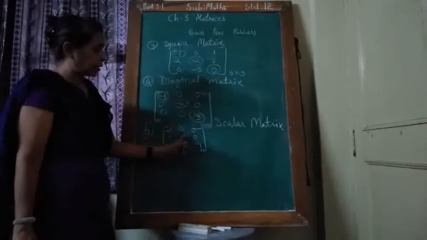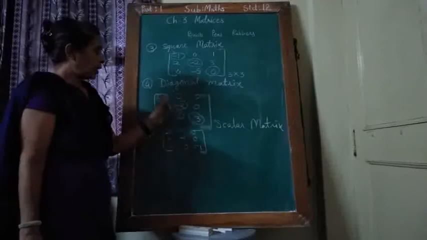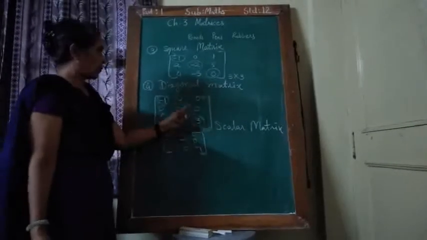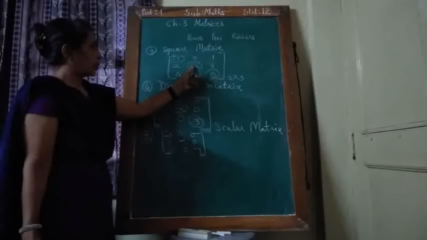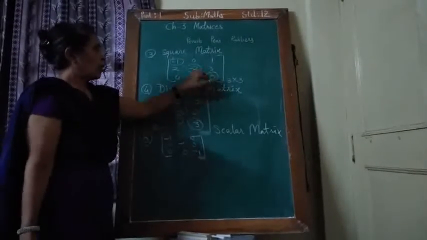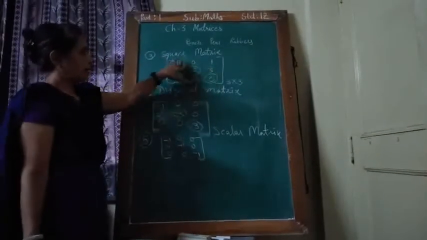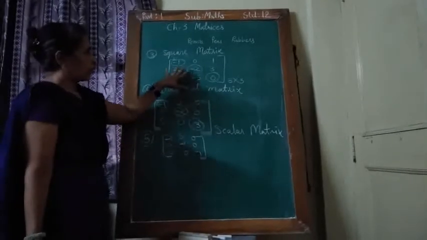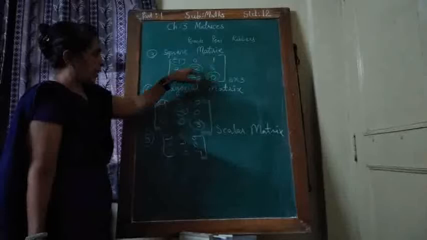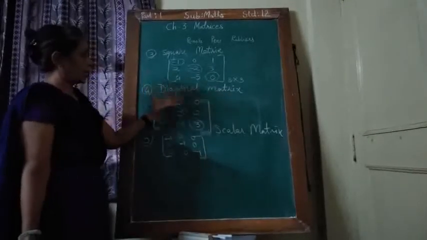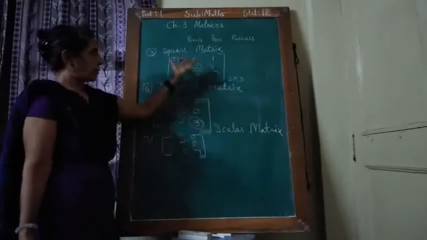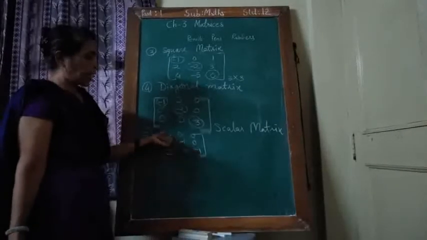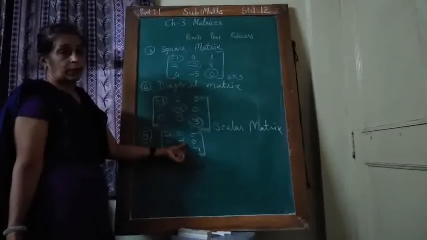Means A11, A22, A33 are all different in a square matrix, and the principal diagonal and other elements may not be 0. Square and scalar, see the difference. In scalar, other elements are 0 and the principal diagonal has the same elements.